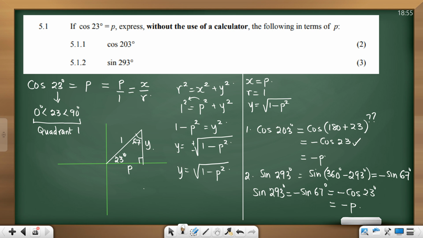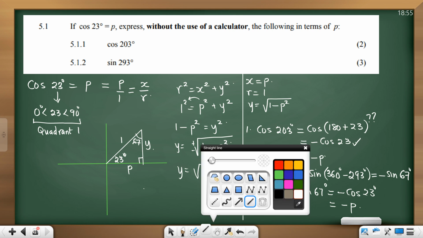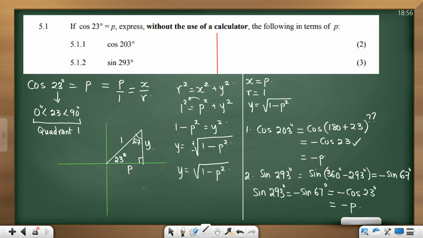So please read page number 1. Cos 203. Michelle? Yes, sir. I think I'm a bit lost. All right, 203 is in which quadrant? Do you remember the sizes of the quadrants? Yes, sir. Okay, let's draw. It's in quadrant 3.